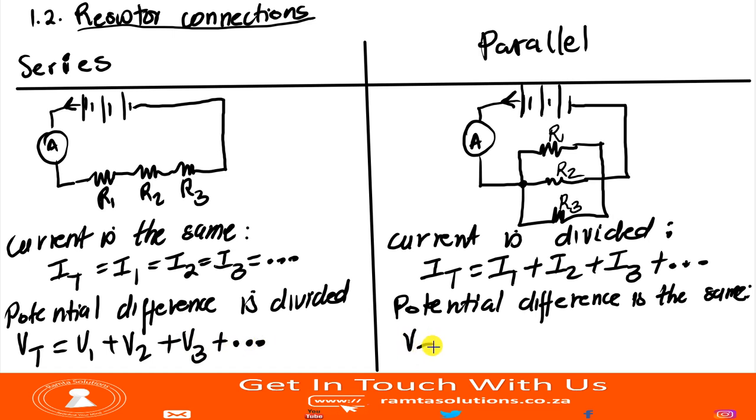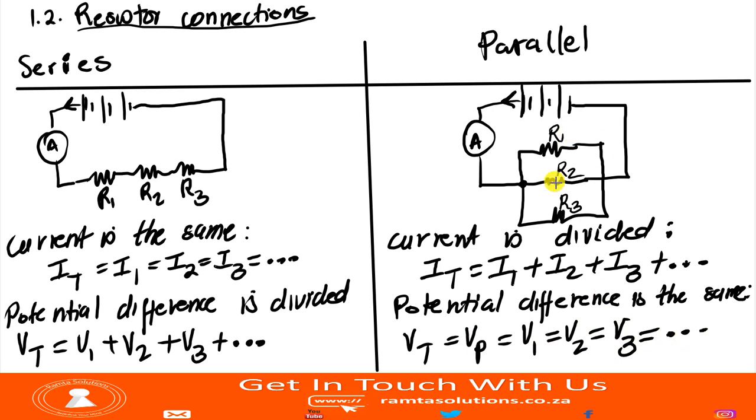Now with this one here, for parallel combination, we said potential difference is the same. What does it mean? It means, when all resistors in your circuit are connected in parallel, potential difference for a parallel connection will be equal to potential difference of resistor 1, will also be equal to potential difference of resistor 2, will also be equal to potential difference of resistor 3, and so on.